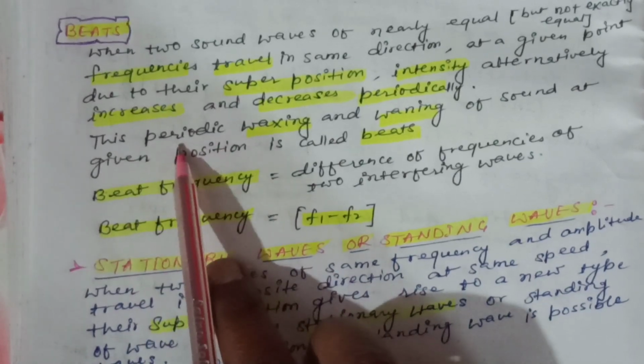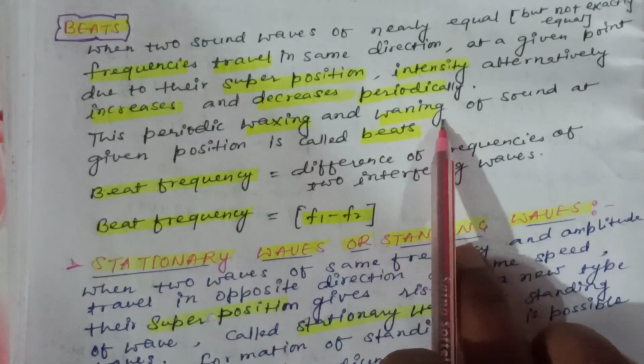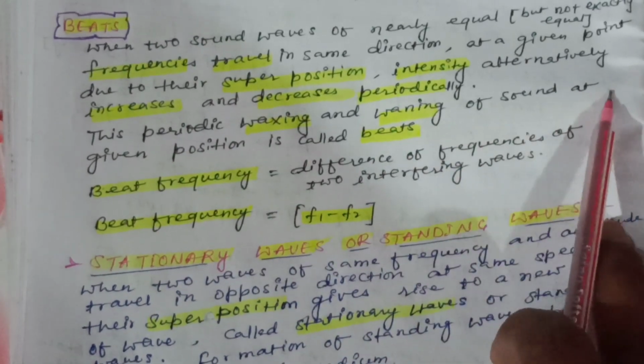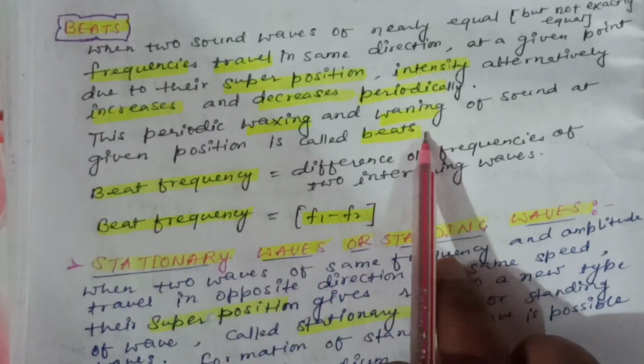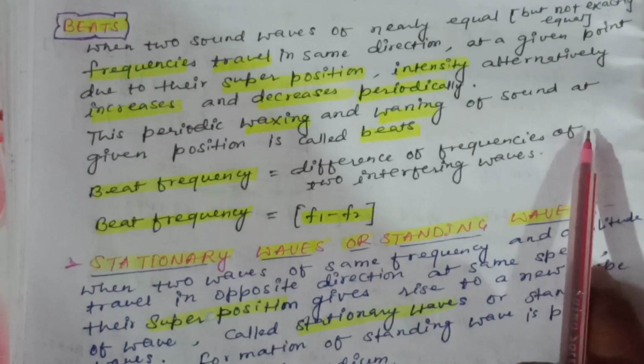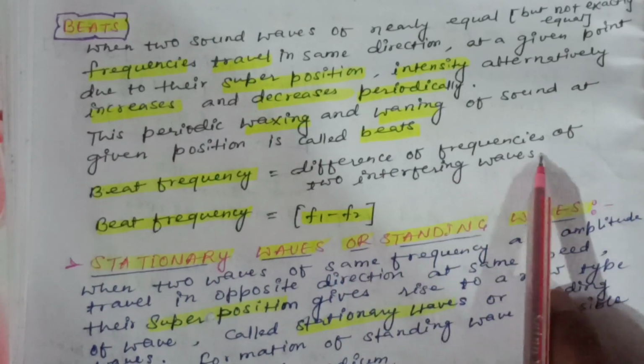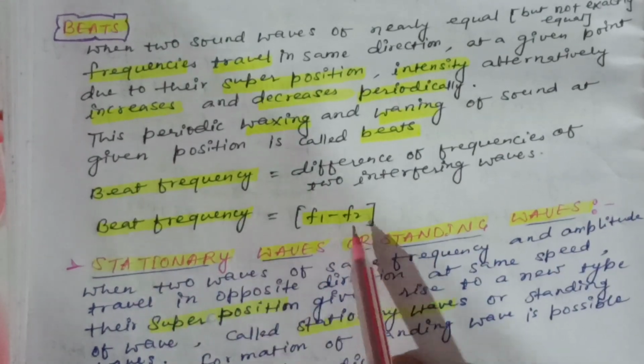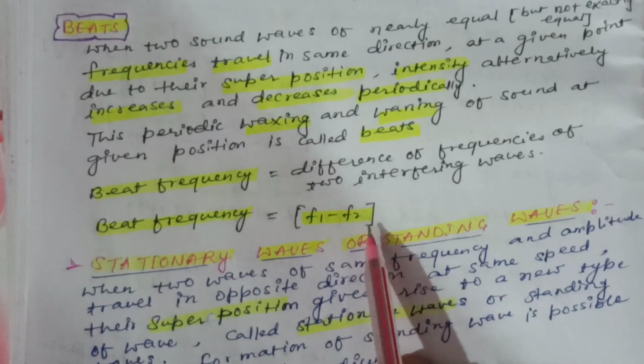This periodic waxing and waning of sound at a given position is called beats. Beat frequency is the difference of frequencies of the two interfering waves. Beat frequency is equal to f1 minus f2.